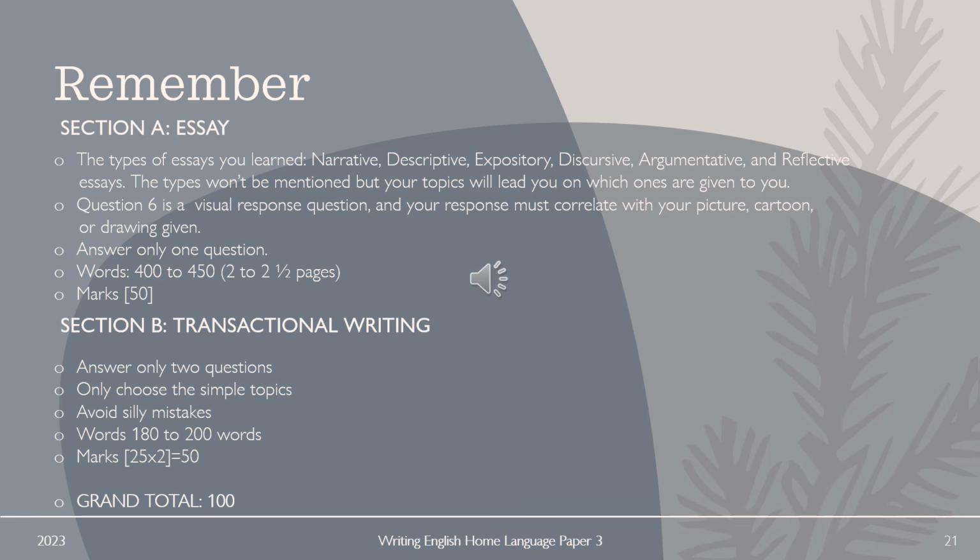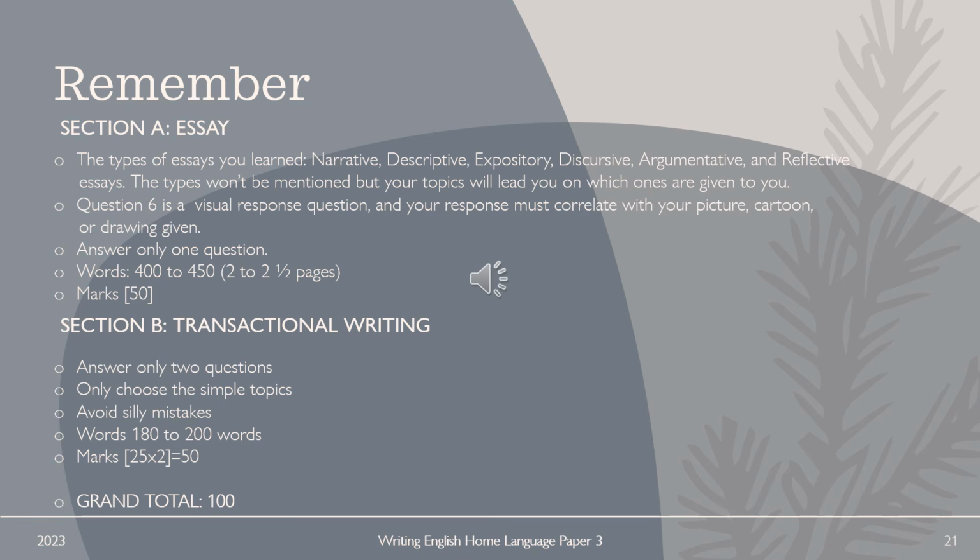In your questions, these types won't be mentioned, but your topics will show you which essay you are actually writing. And then question 6 is the visual response question, and your response must correlate with your picture. You can't choose a picture and be irrelevant in your essay. In section A, you answer only 1 question.